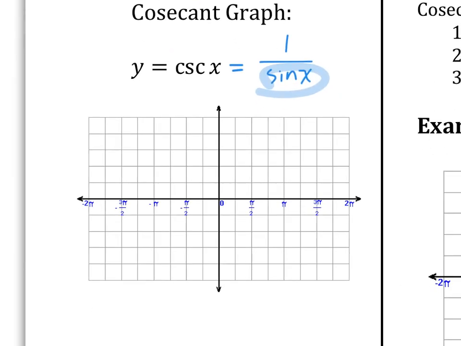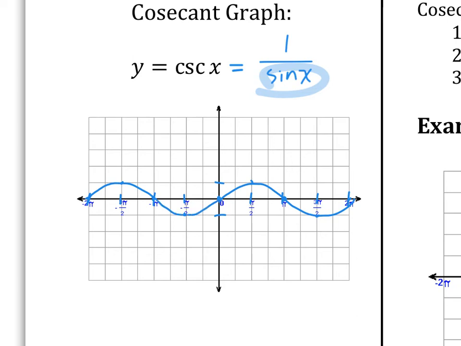Okay, this is a normal sine. If you know how to graph sine and cosine, you have no problem graphing these 4 functions. So normal sine, amplitude 1, period of 2 pi. Go ahead and graph your normal sine graph.